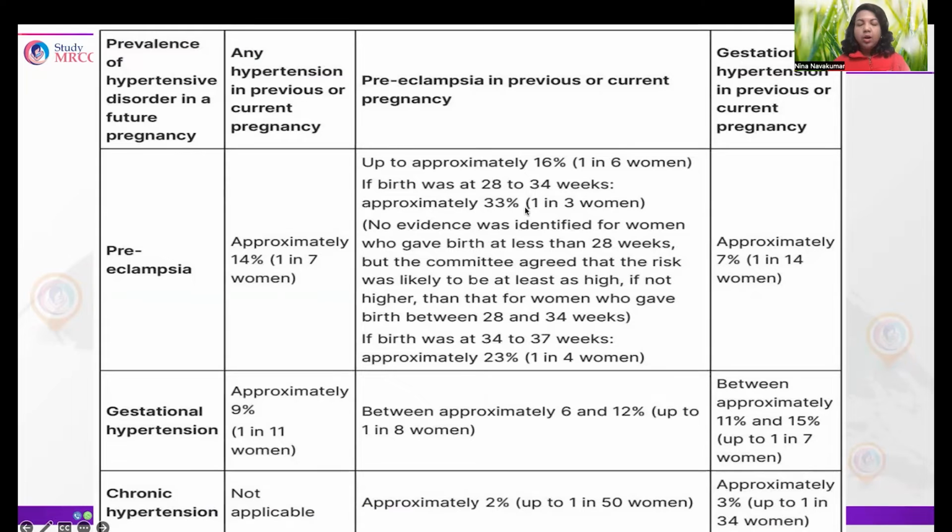If the birth occurred because of preeclampsia between 28 and 34 weeks of gestation, the risk of recurrence increases to 1 in 3 women, almost 33%. So if it is preterm preeclampsia requiring birth, the risk is increased. And if the birth because of preeclampsia happened between 34 and 37 weeks of gestation, the risk of recurrence is 1 in 4 women, or almost 25%.